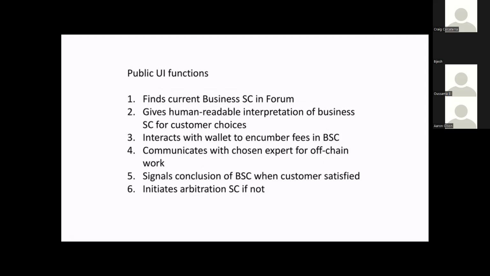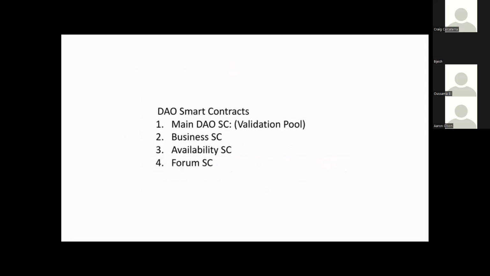So the public user interface is going to do all the heavy lifting of computation, right? The real smart contracts want to do almost nothing, but communicating with a chosen expert, you don't want to do that on chain. You want to make sure that's off chain. And so all the heavy programming is going to be in both of the user interfaces. The smart contracts, they're going on the blockchain.